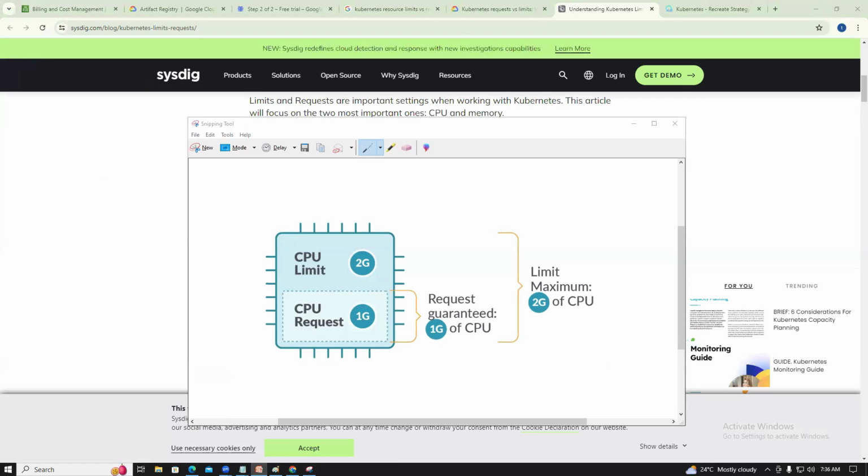Memory and CPU. It requests memory and CPU. Request and limits.